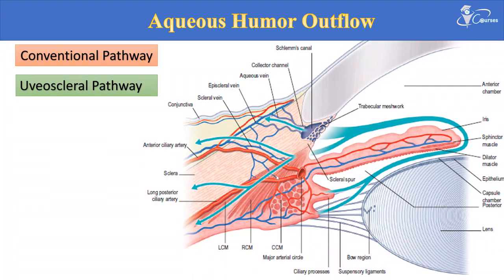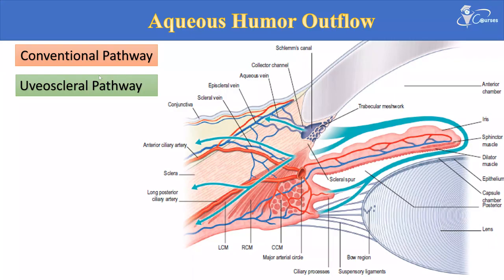Then from that, it will be drained by the venous circulation in the ciliary body and in the choroid and sclera. So again, in the uveoscleral pathway, the aqueous will pass through the root of the iris to the ciliary body and to the suprachoroidal space. How? Through the venous circulation in the ciliary body and in the choroid and in the sclera.